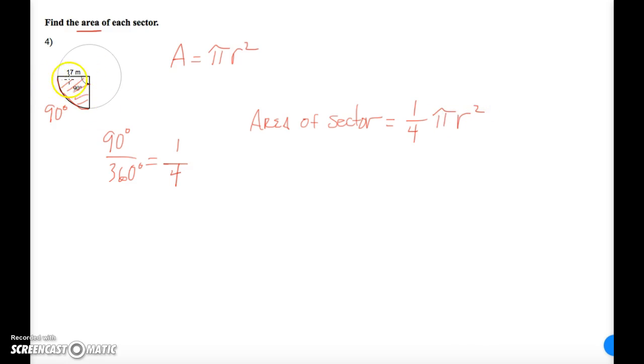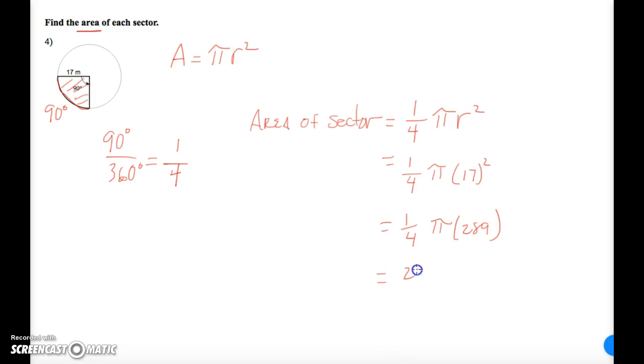Our radius is 17 meters, so we have 1/4 times pi times 17 squared. So we square 17, we get 1/4 pi times 289.